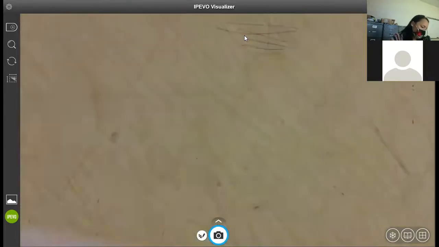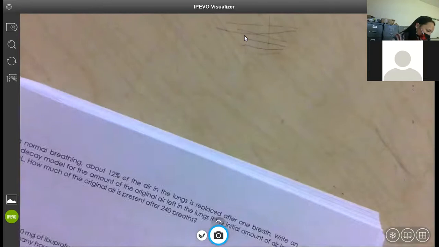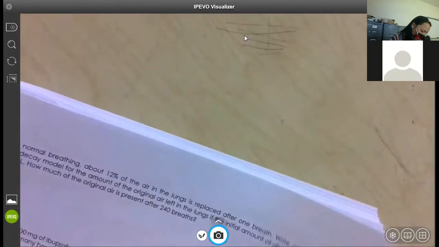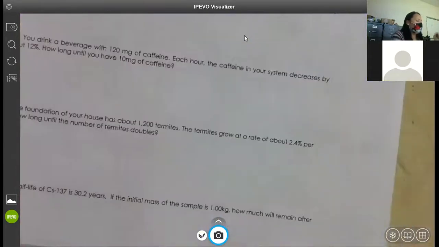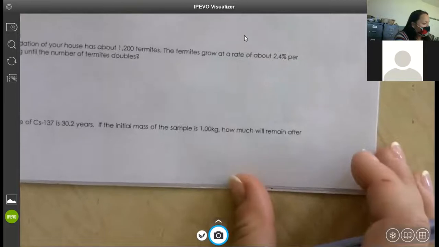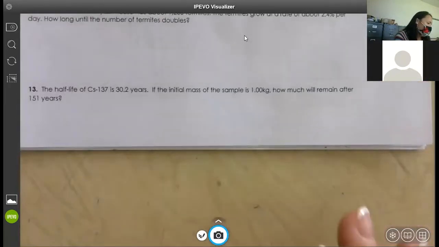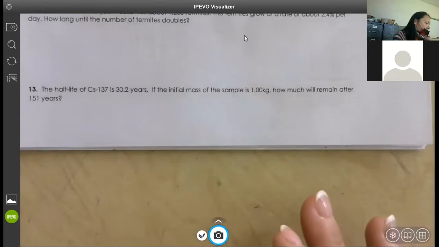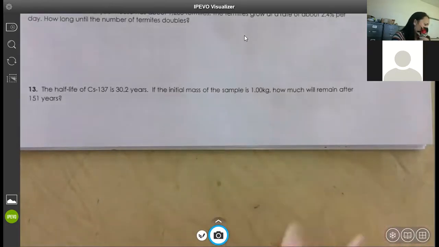Let me find one. Oh, there it is. 13 on your homework. So this is actually on your homework, number 13. And I think it's the only one with a half-life. Okay, everything else is going to be growth or decay.